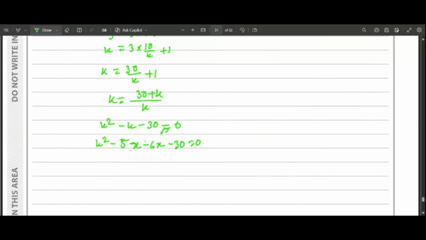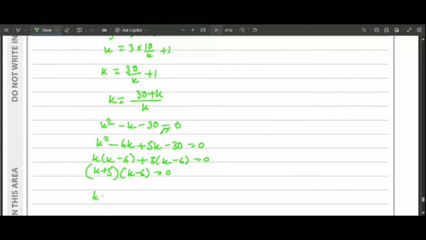I'm sorry, I have to rewrite this equation. So we can write that k square minus 6k plus 5k minus 30 is equal to 0. We can find that k is common between the first two terms, and 5 is common between the last two terms. So (k plus 5)(k minus 6) is our factorization. So k equals minus 5 and k equals 6.